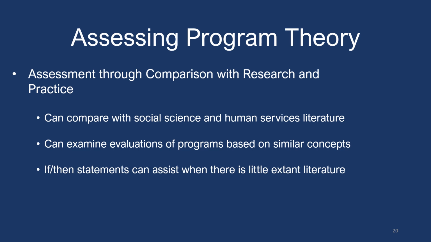Another approach to assessing program theory is to consult and compare with research and practice. Some information applicable to assessing the various components of program theory is likely to exist in the social sciences and human sciences research literature. A lot of times we're not recreating the wheel from nothing. There's something out there that can help.